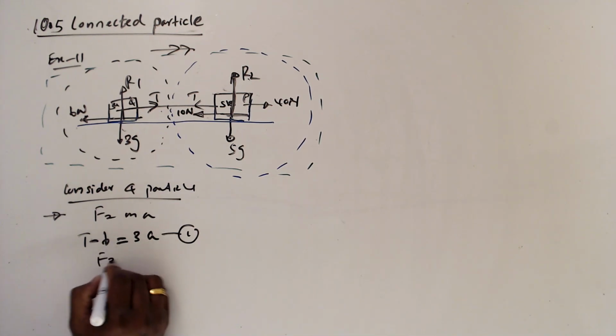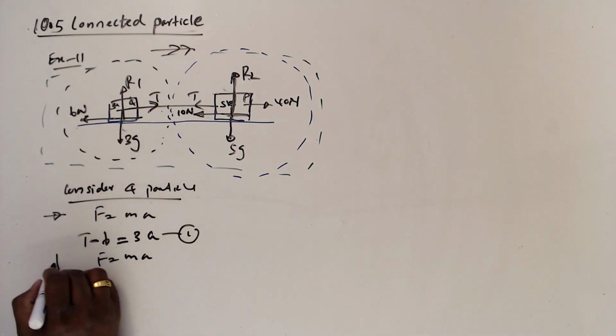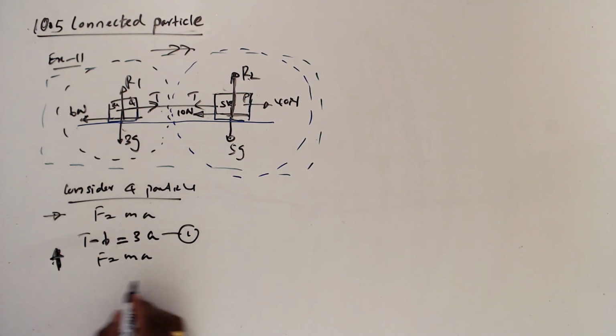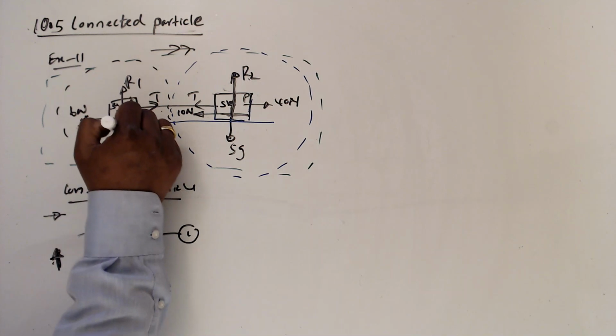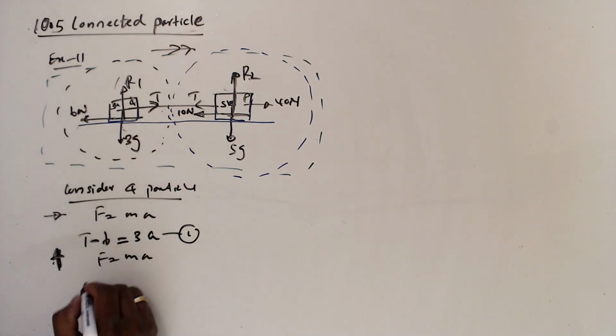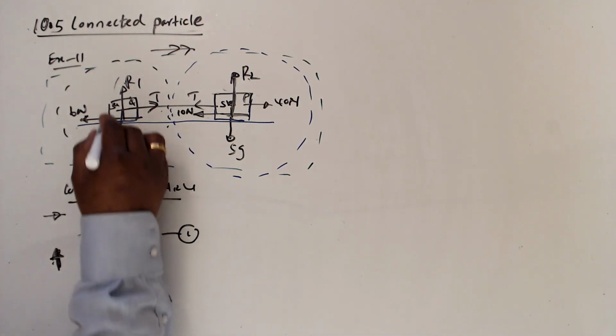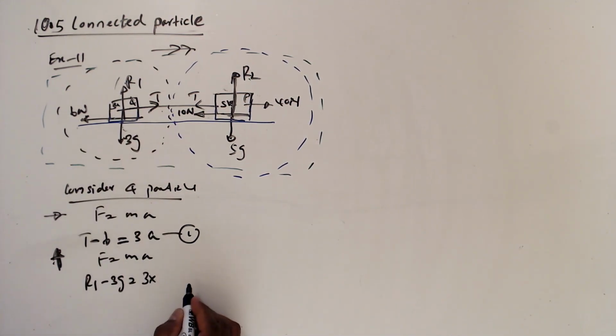Now F equals ma, I can apply in the vertical direction. There are two forces: R1 is positive and 3g is negative, the weight.